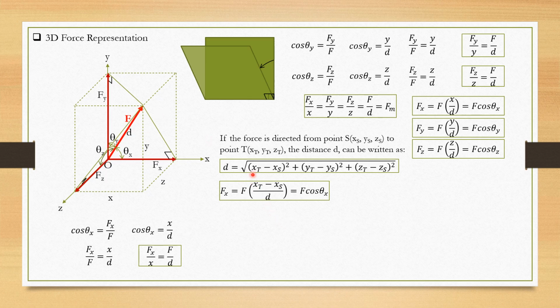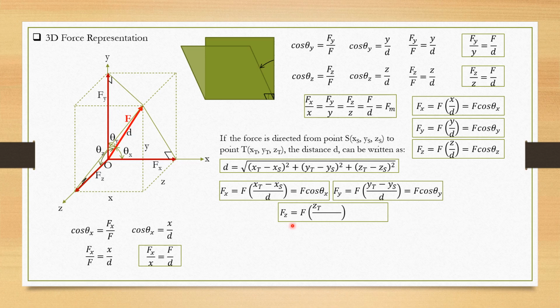It may be directed from point S to point T. Fy is the magnitude of the force times quantity yt minus ys over d, or simply magnitude of force cosine of theta y. And Fz is the magnitude of the force times quantity zt minus zs over d, or simply F cosine of theta z. So it's still the same. You had better be familiar with this general expression, because not all the time is the force directed from the origin.